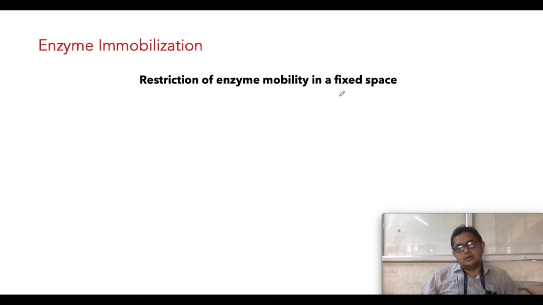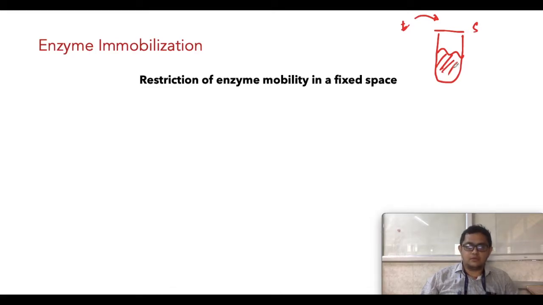In general, when you are not doing any immobilization, if you take a test tube with your free enzyme and your substrate, both are freely moving in the container. So there is a possibility of collision where it will convert the substrate into the product. But this is a free enzyme reaction.